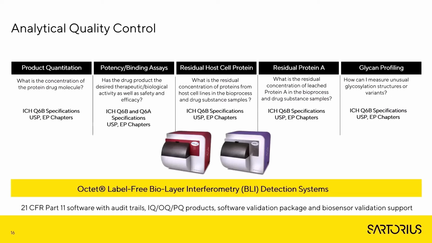Therefore, compliance with regulated environments makes it mandatory to support our users with a comprehensive GXP package as well. It includes even a biosensor lot surface to keep the coefficient of variation between sensor batches to a minimum.